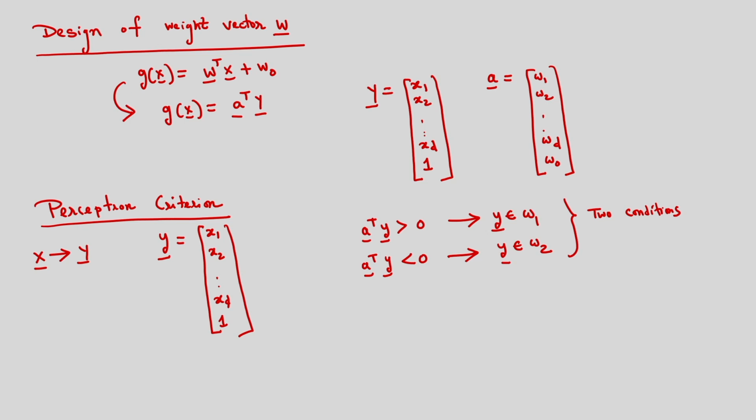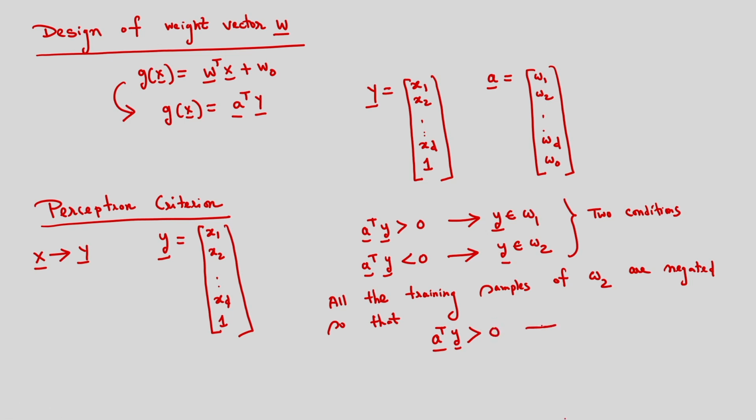So, all the training samples of omega 2 are negated, so that A transpose Y is greater than 0.